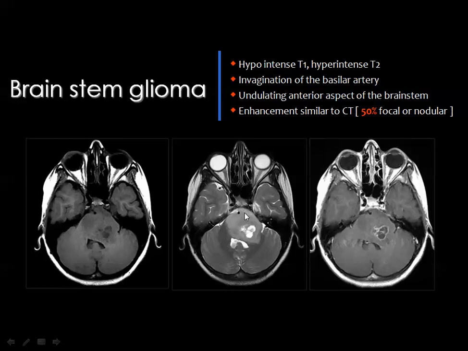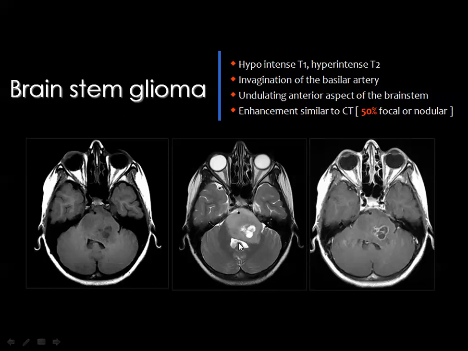The basilar artery is patent, as you can see by the signal void appearance in all pulse sequences. And the flattening of the anterior aspect of the fourth ventricle is also one of the important diagnostic criteria.